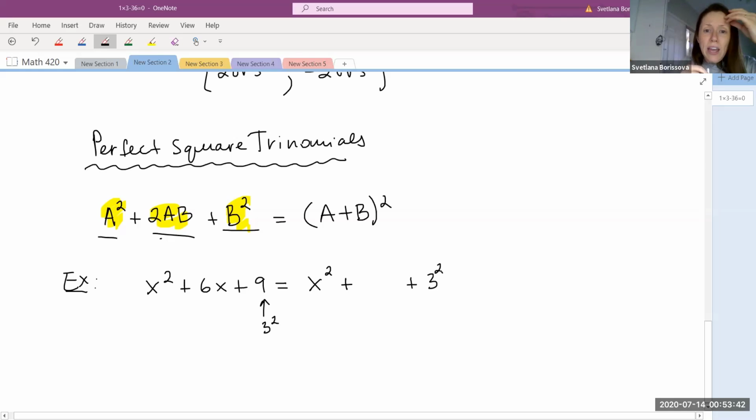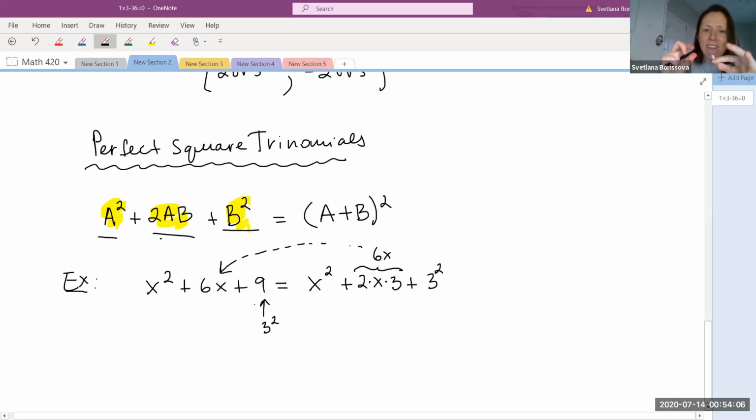And then do I have the double product in the middle? Well, I do. If I put 2 as the double product, times the first thing that was squared, that's x, and times the second thing that's being squared, it's 3, then altogether I'm going to get 6x, which is that middle term.